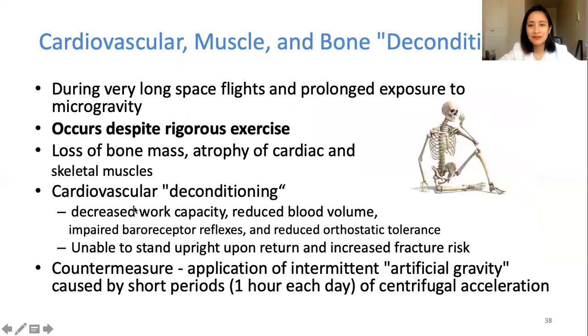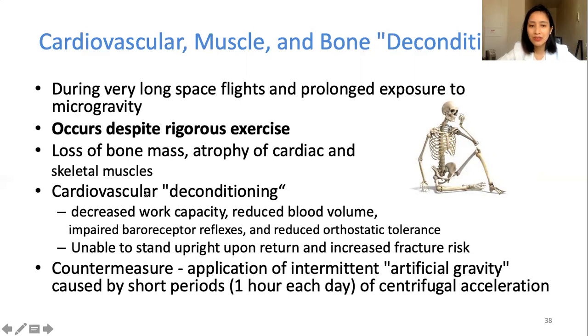During very long space flights and prolonged exposure to microgravity, there is deconditioning of the cardiovascular system, the muscle, and the bones. And this occurs even despite rigorous exercise. So what more if they don't exercise in space? So this results in loss of bone mass or osteopenia or osteoporosis, atrophy of cardiac and skeletal muscles.